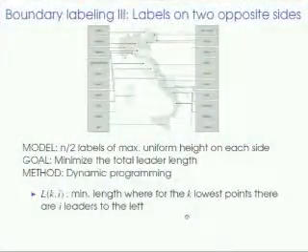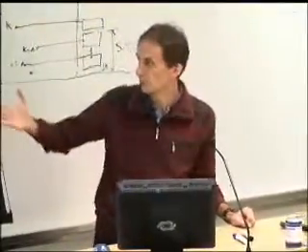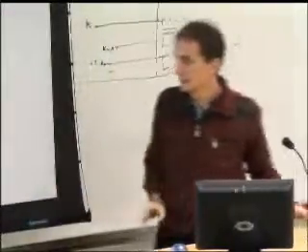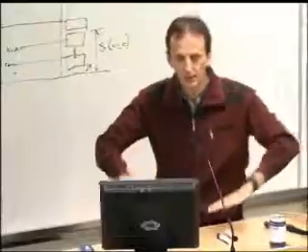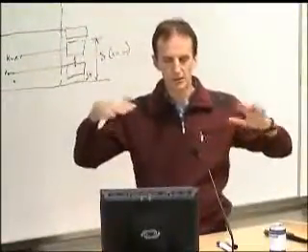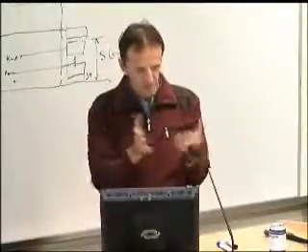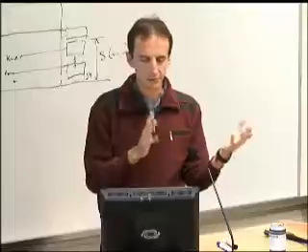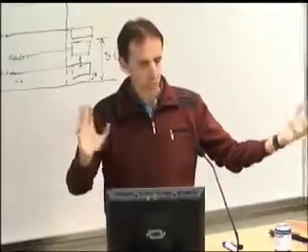To do that, we also use dynamic programming. Here we say L of k, i is the minimal length. We sweep again from bottom to top, consider the k lowest points, and this is the minimal length where, for the k lowest points, i of them are on the left-hand side, the others on the right-hand side.